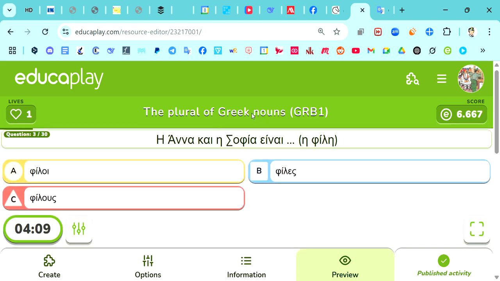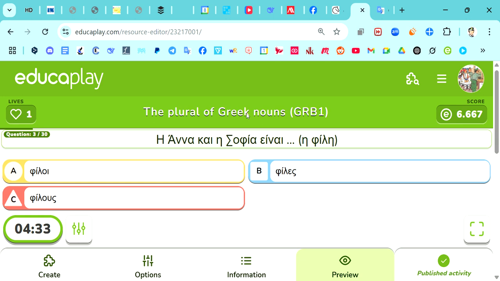So the next one. Okay, η Άννα και η Σοφία είναι... now we have a feminine word. Since I have the verb to be here, I'm not really talking about an object. This is something that confuses many people, but with verbs like to be, to appear, είμαι, φαίνομαι, δείχνω, νιώθω, I have a predicate, so it will be nominative.